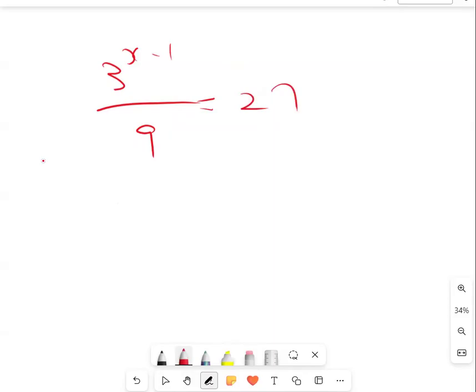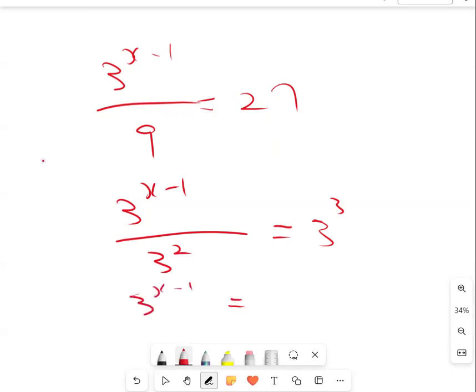You can write 3 to the x minus 1 over 3 squared equal to 3 cubed, right? So I can cross multiply there. So you have 3 to the x minus 1 equal to 3 cubed multiplied by 3 squared.